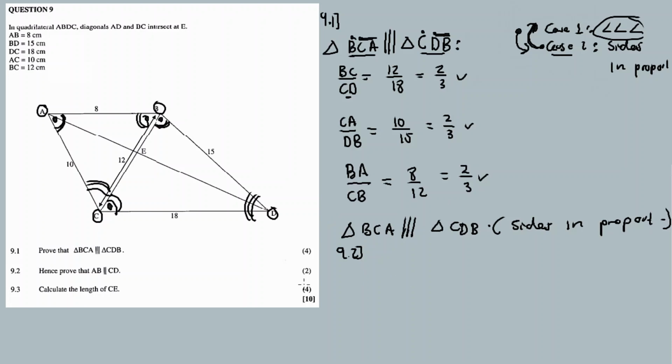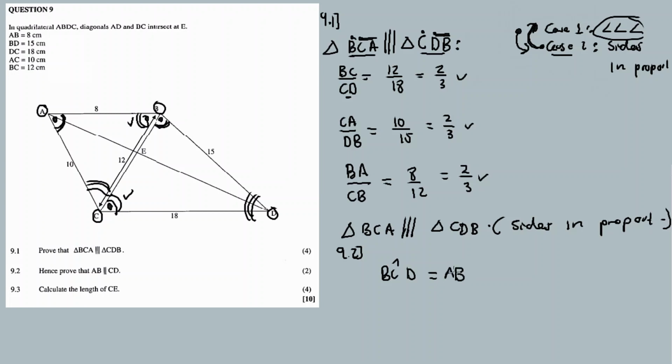So 9.2, you want to show that AB is parallel to CD. What did I say? This angle is equal to this one. Angle BCD is equal to angle ABC.